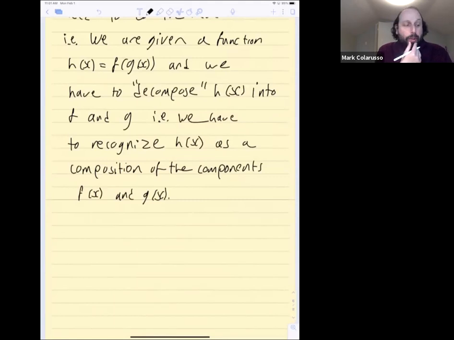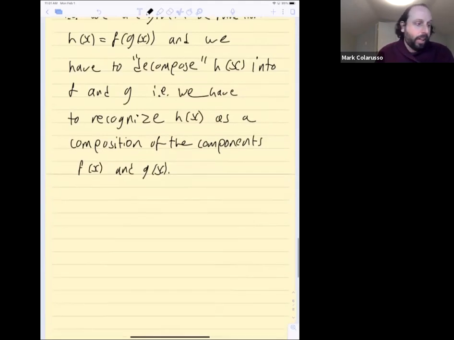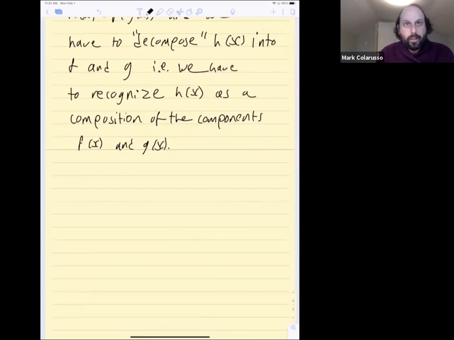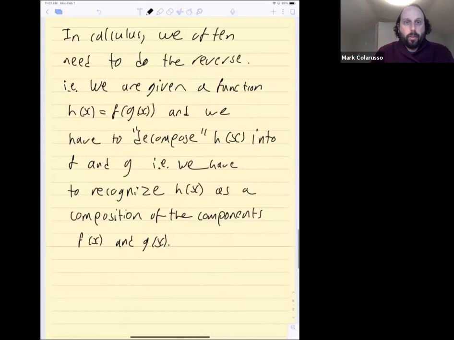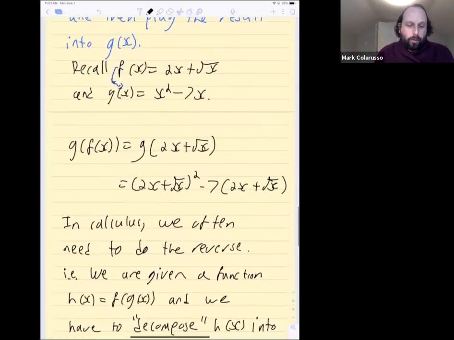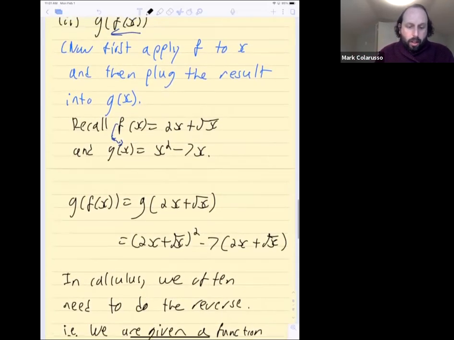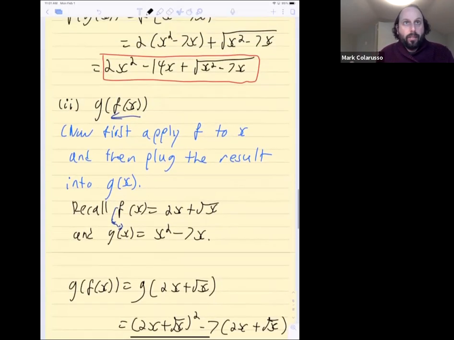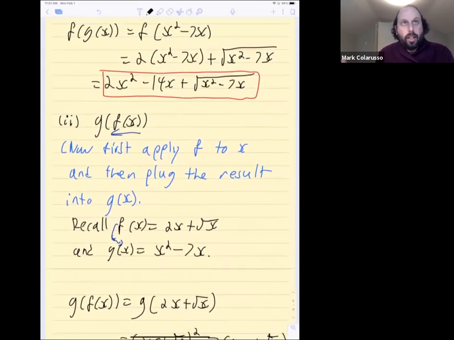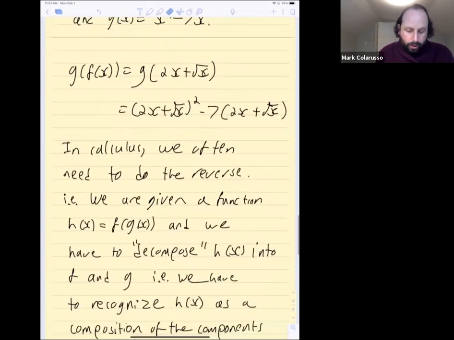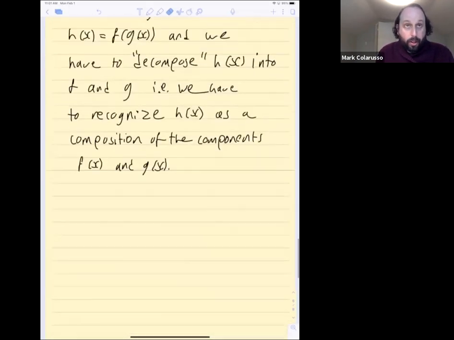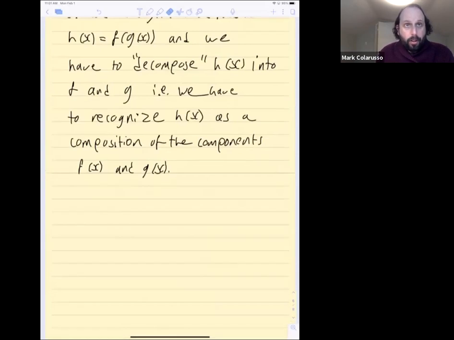Okay, so this again takes some practice, and unfortunately it takes a little more practice than the other one. Because once you just remember, in this last example where you're creating the compositions, you need to read from right to left. You first do the function g, and then f in this case, and then the other way in this case. But decomposing them requires a little bit more ingenuity.